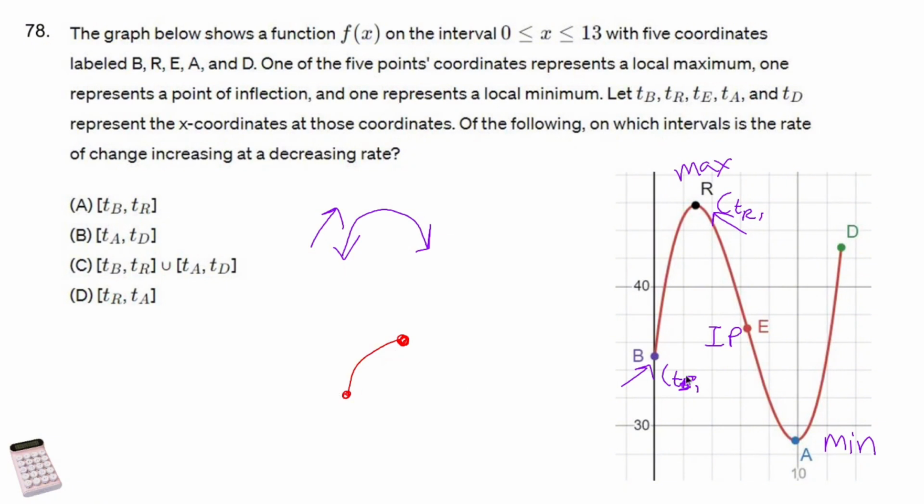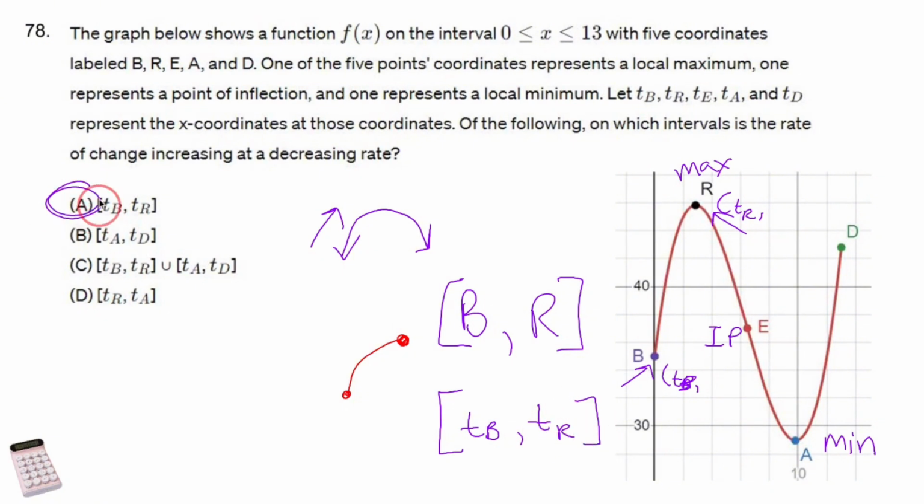So this is what I want. I went between B and R, but they're not going to just say select B and R. That's not how they want us to do it. They want us to say the x value for B is T sub B, and the x value for R is T sub R, so we're going to select A and only A.